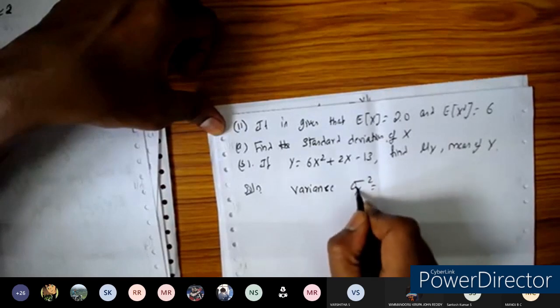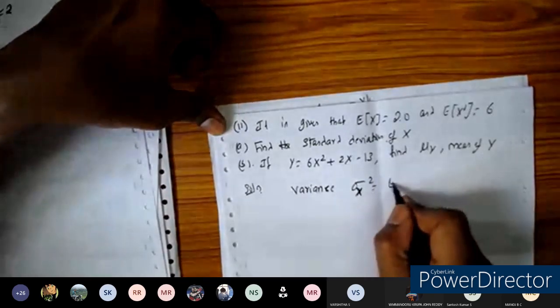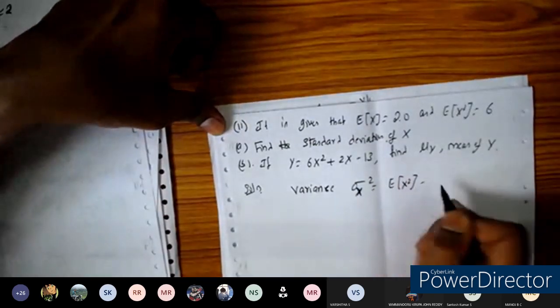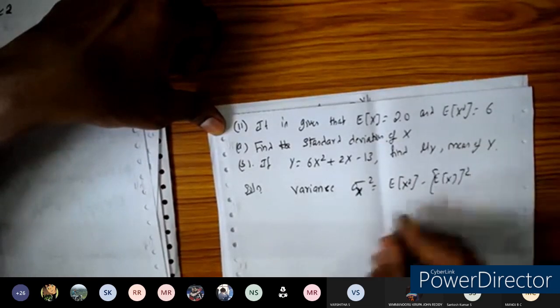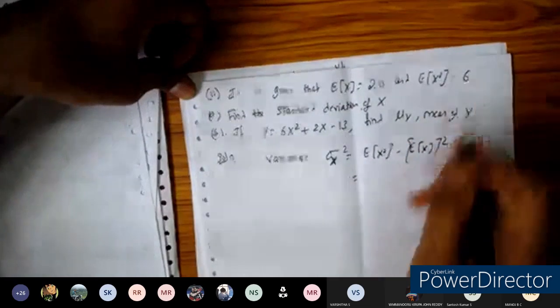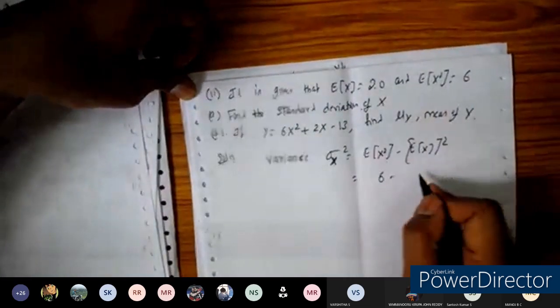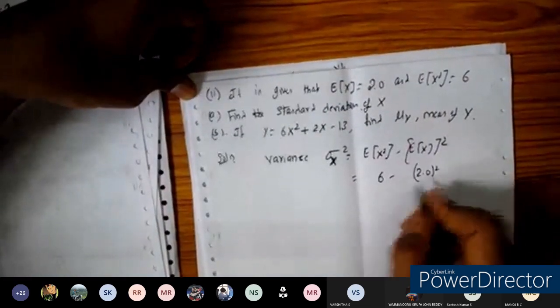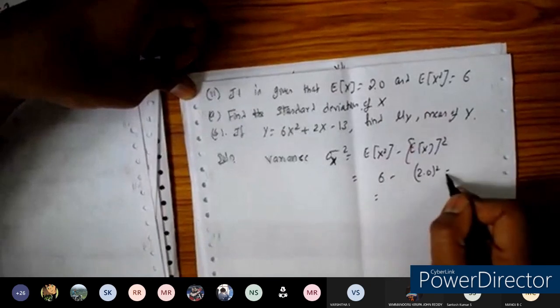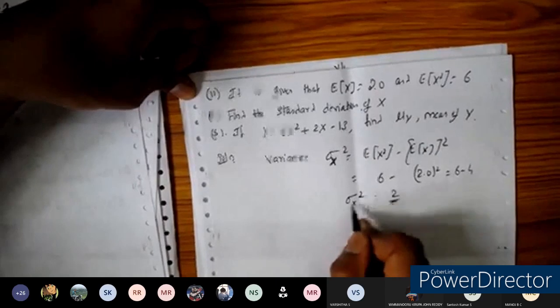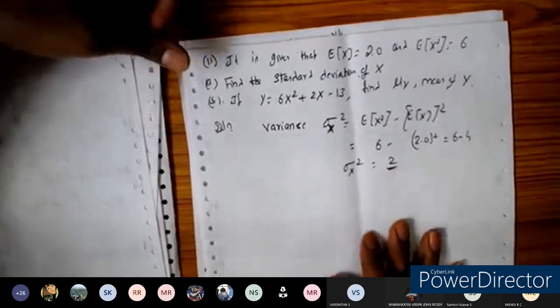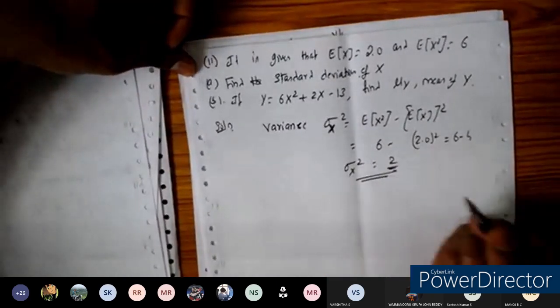Sigma x square is equal to the expected value of x square minus the square of the expected value of x. So this is 6 minus 2.0 the whole square, which is 4. So 6 minus 4 is 2, and the variance will be equal to 2.